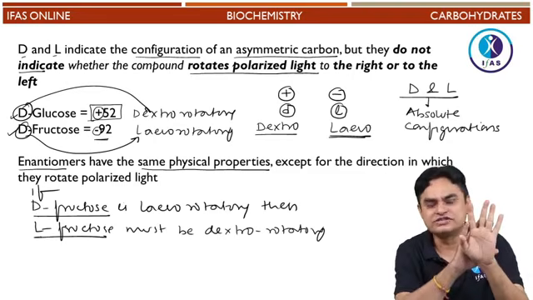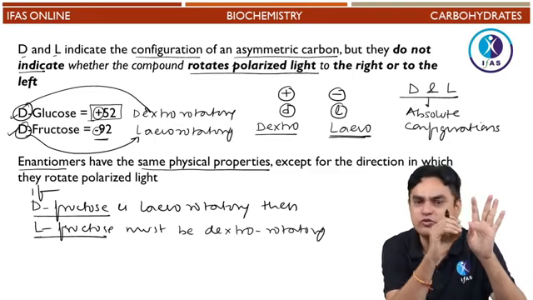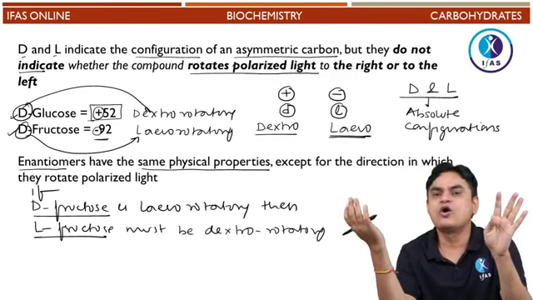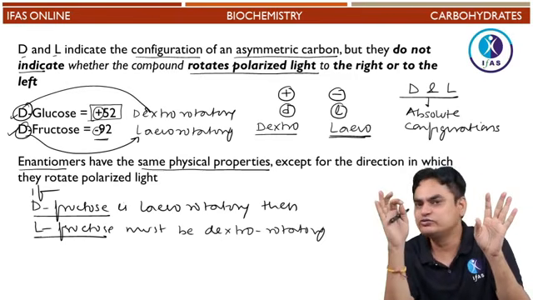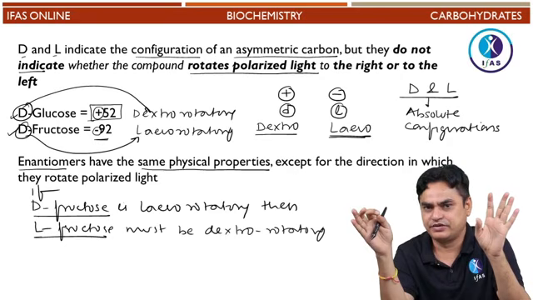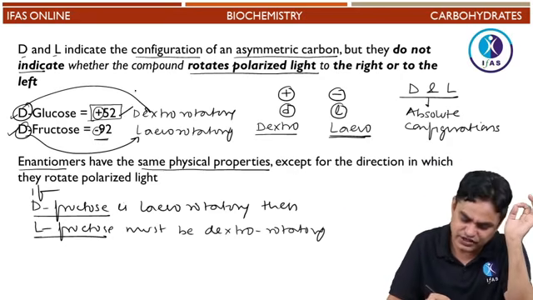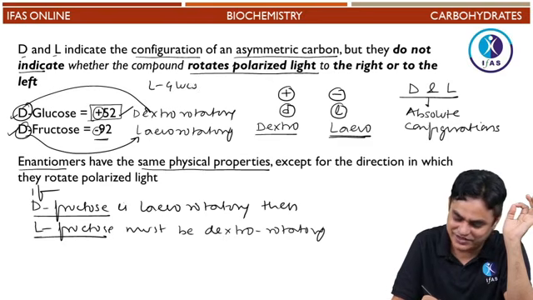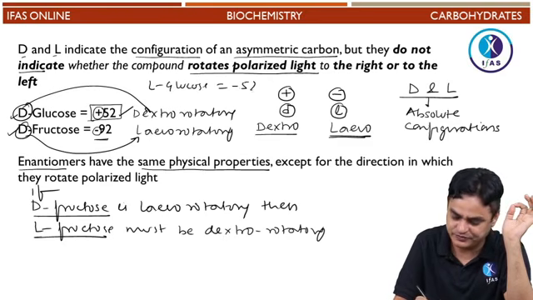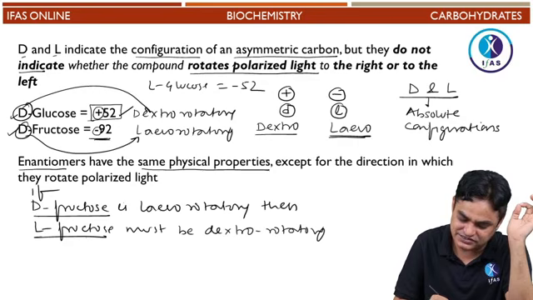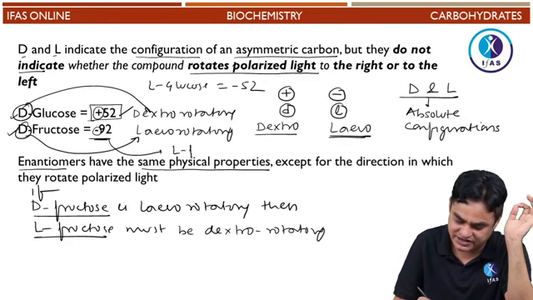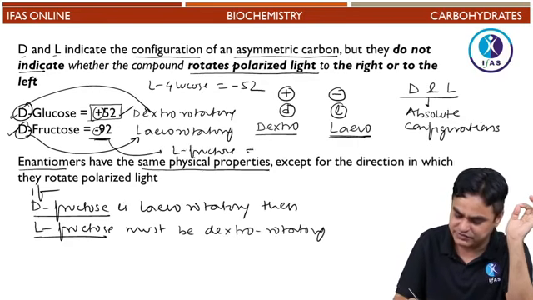So if D-glucose is dextrorotatory, as you find through a polarimeter, then the optical rotation of L-glucose would be the same in magnitude. If D-glucose is plus 52, then definitely you can say that L-glucose would be minus 52. If D-fructose is minus 92, you can definitely say that L-fructose must be plus 92.